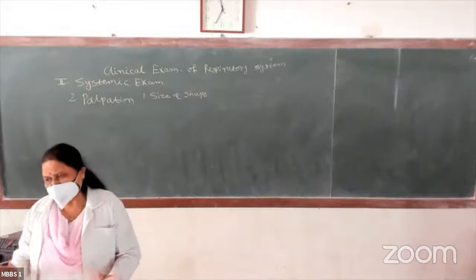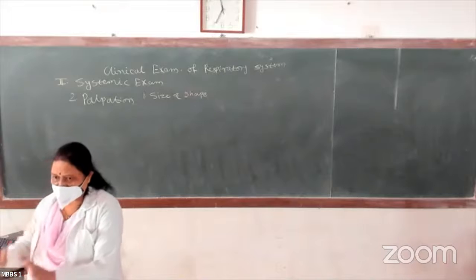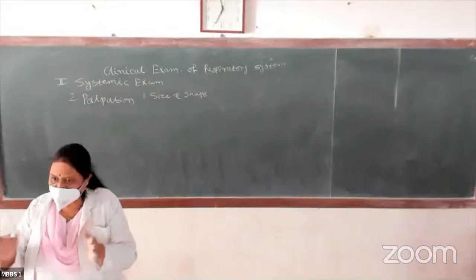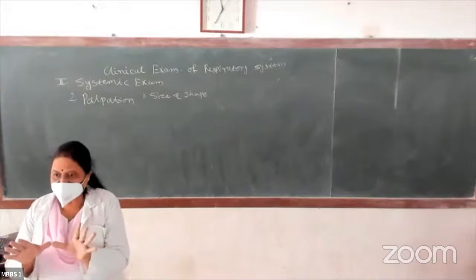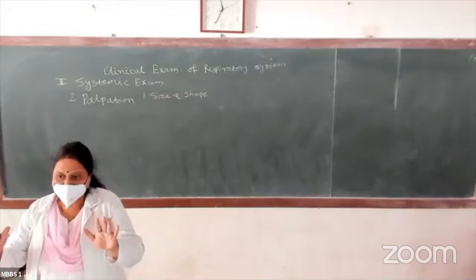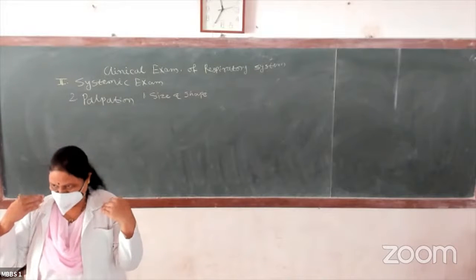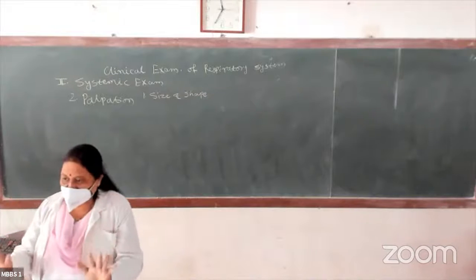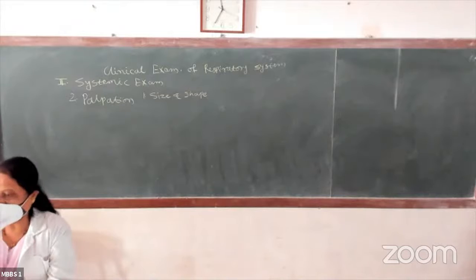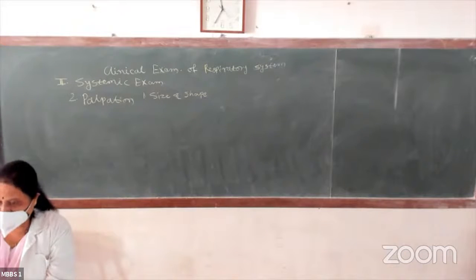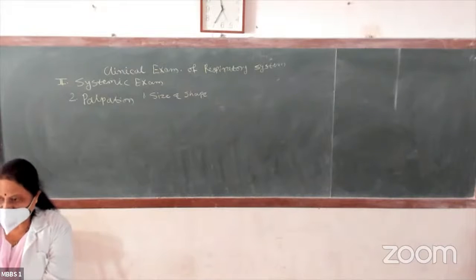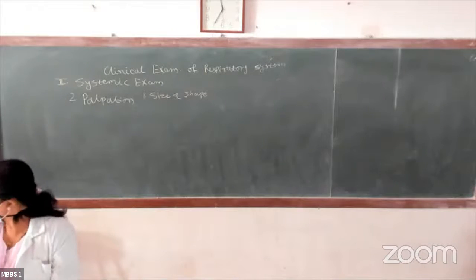Then go to the back side of the subject and put your hands on the back. Same way, ask him to take deep inspiration and observe the position of the thumbs, whether they are moving equally or not. For the apical area, at the apices of the lungs, you stand on the back side and put your hands on the shoulders of the subject, with thumbs approximating. Ask him to take deep inspiration.